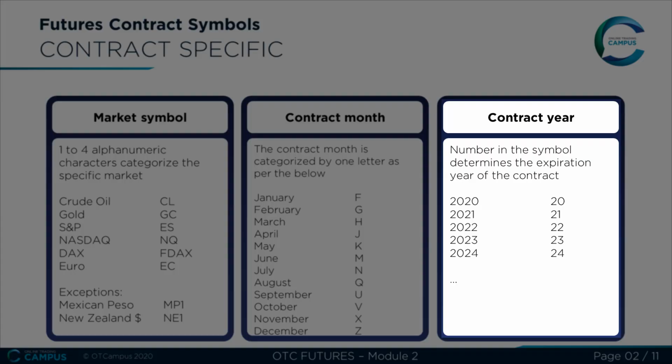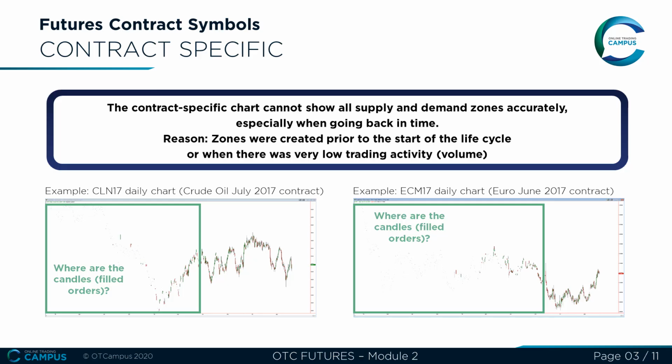Component number three, contract year, is a number in the symbol determines the expiration year of the contract. 2020 is 20, 2021 is 21, 2022 is 22, 2023 is 23, and 2024 is 24. So now, futures markets are contracts being bought and sold that will all eventually expire.